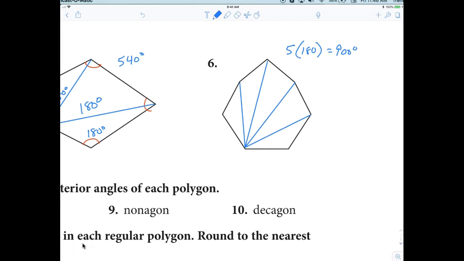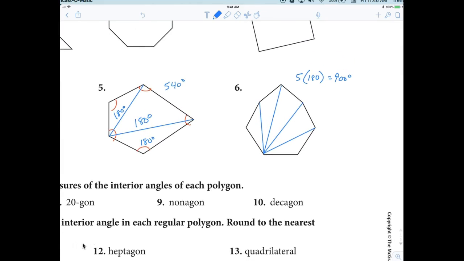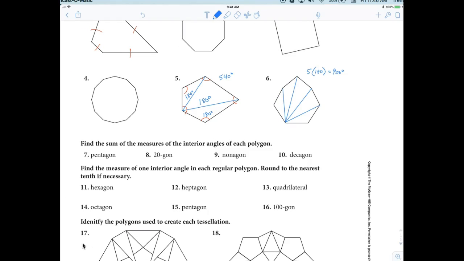So there is a pattern here. How many sides were there to this one? Very good. So the formula is: n represents the number of sides.